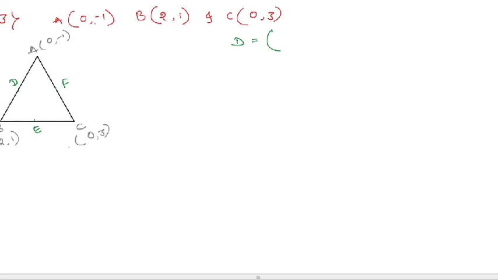Say this point is x1, y1, the next is x2, y2, and it is x3, y3.